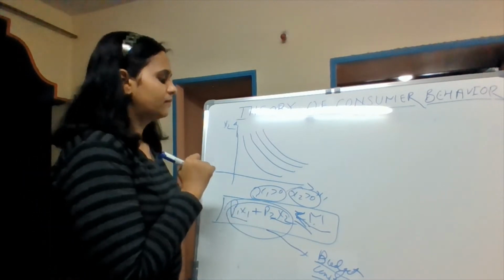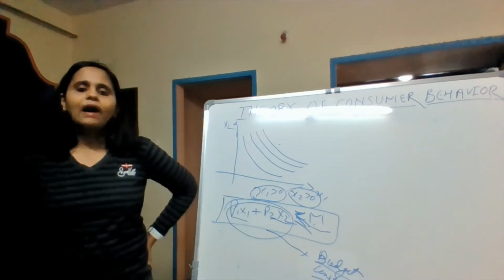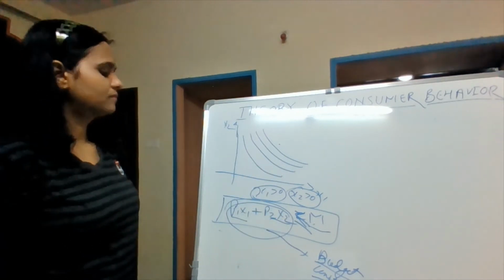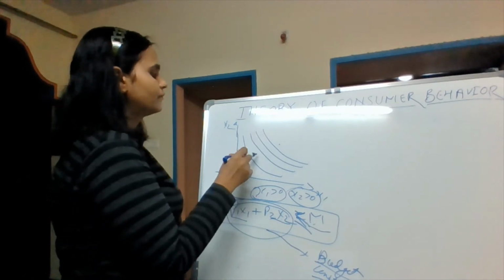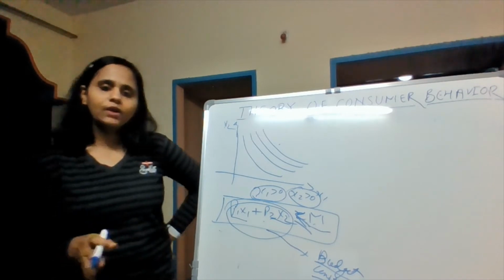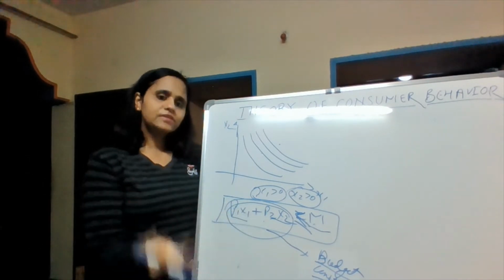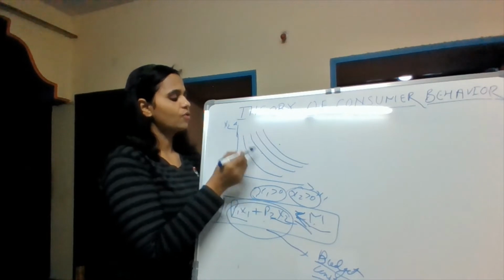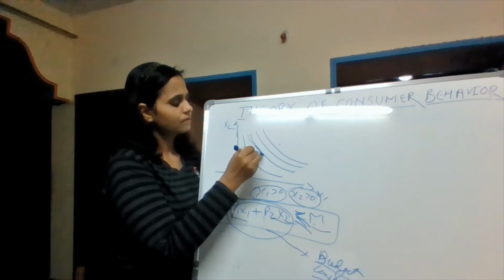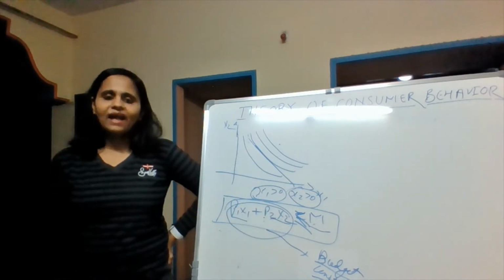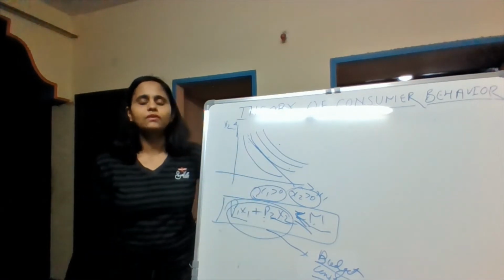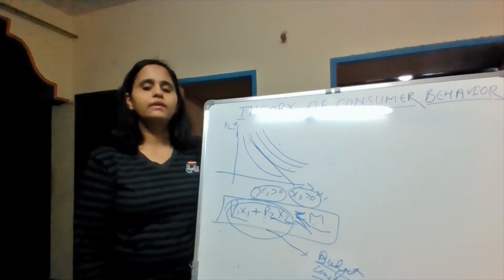You have a budget constraint, you have indifference curves. Now, which curve to choose? Basically, the curve where the slope of the curve and the slope of the budget constraint are equal, which in turn means your budget constraint is tangent to the curve. Whichever curve that is, is the optimum indifference curve for the consumer, which gives the optimum utility.